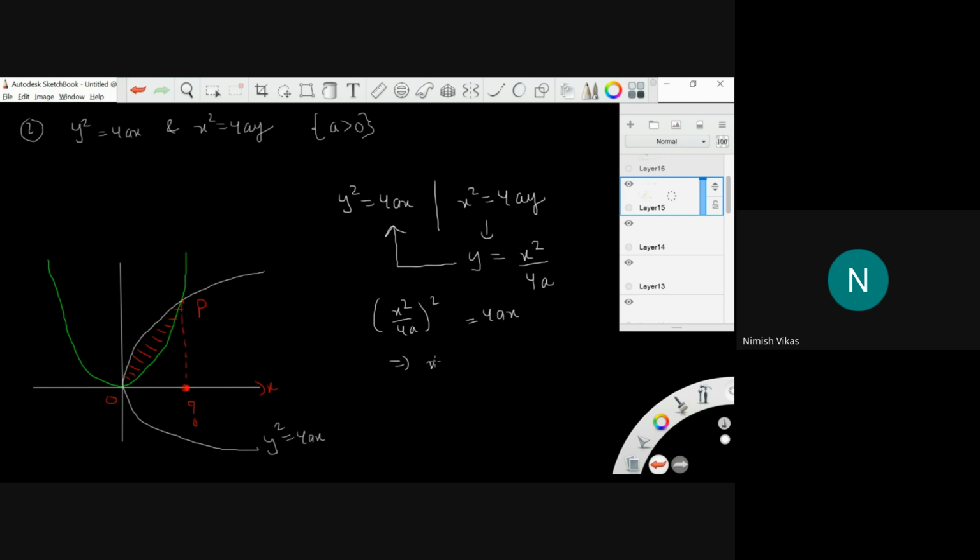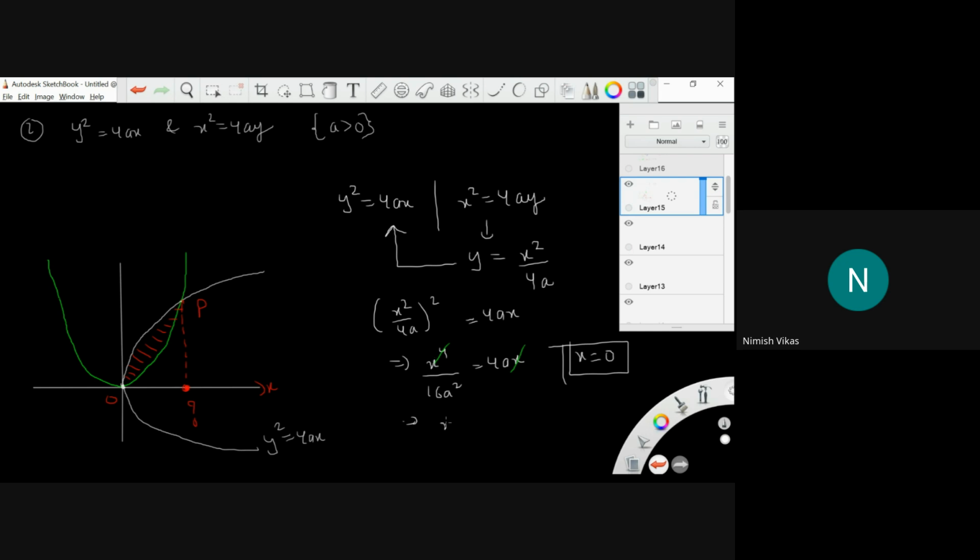So this means x to the power 4 upon 16a square is equal to 4ax. So here, when you cancel x, you get one solution that x is equal to 0. That we have already. They will meet at origin 0, 0.